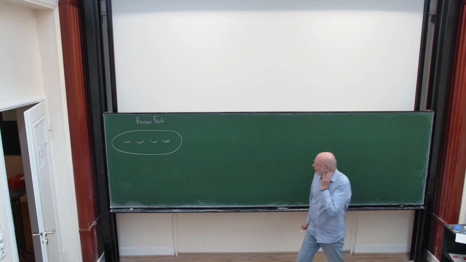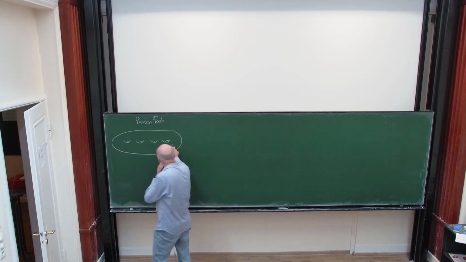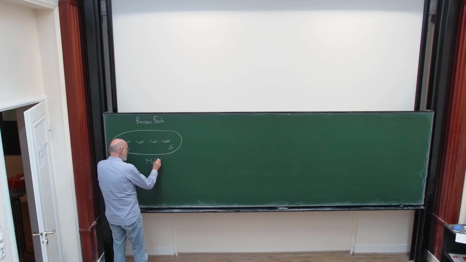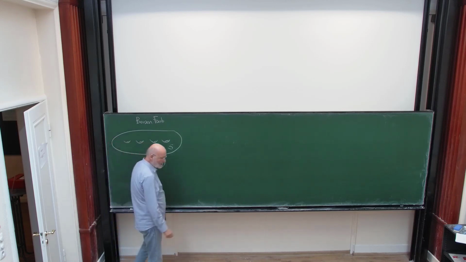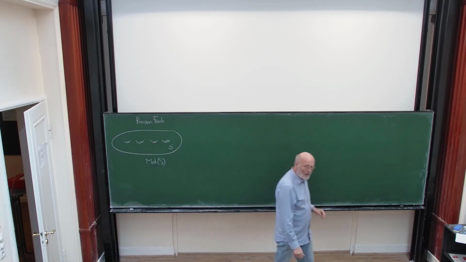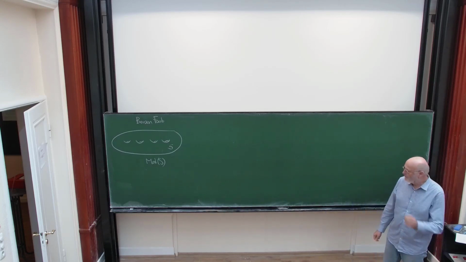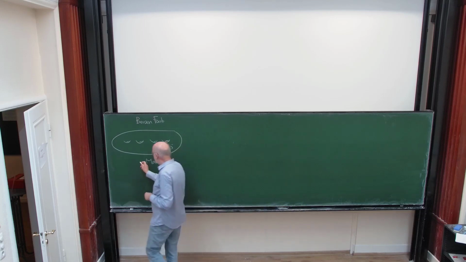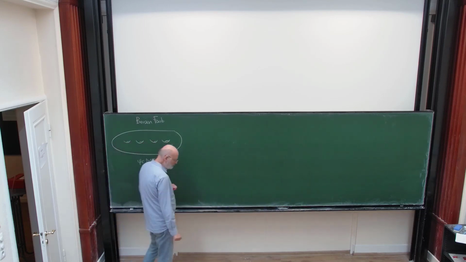If you have, so here's the surface, and if you have a mapping class, so a mapping class is the same thing as just an isotopy class of diffeomorphisms, perhaps in this case better take homeomorphisms. Then, so let's take an element in here.